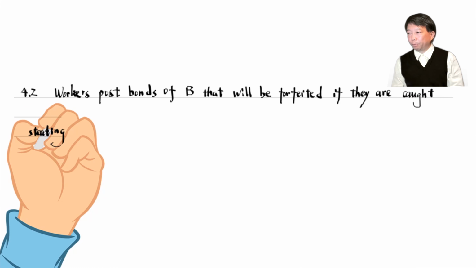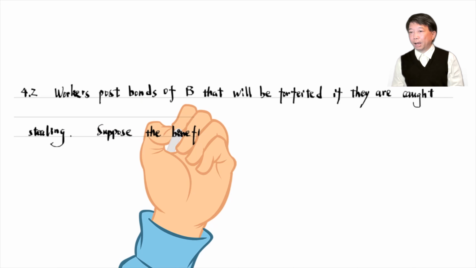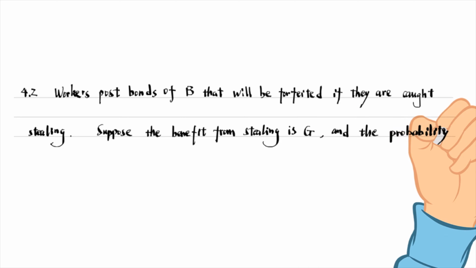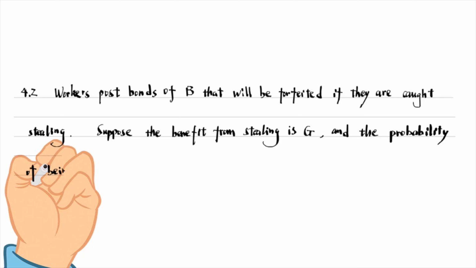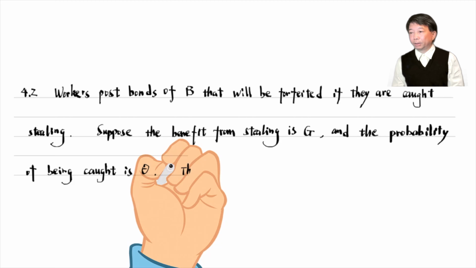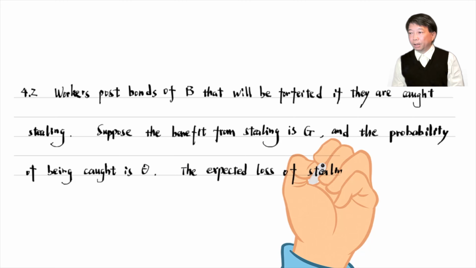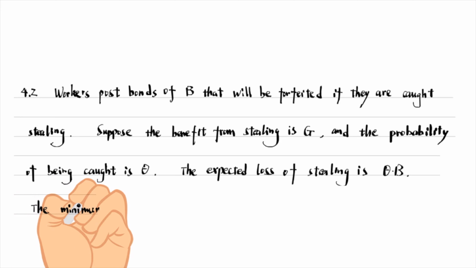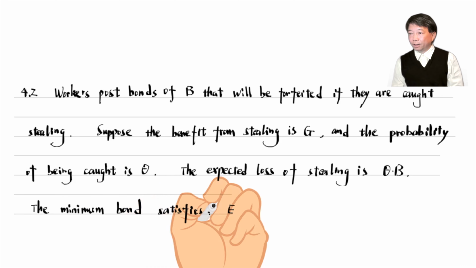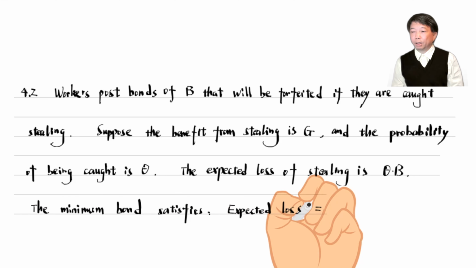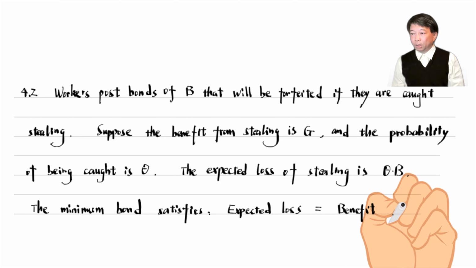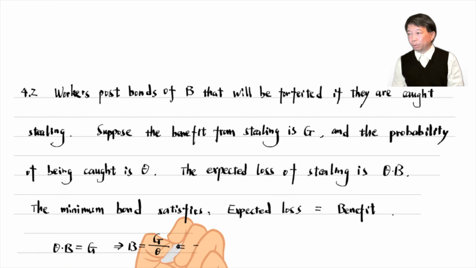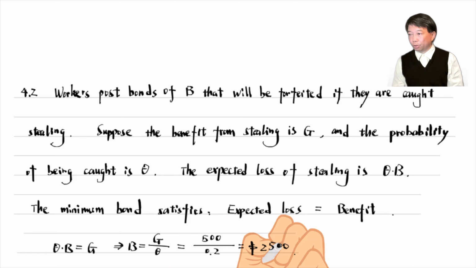Suppose the benefit from stealing is G and the probability of being caught is theta. The expected loss of stealing is theta times the bond B. The minimum bond satisfies the equation in which the expected loss equals the benefit from stealing. The minimum bond will be $2,500.